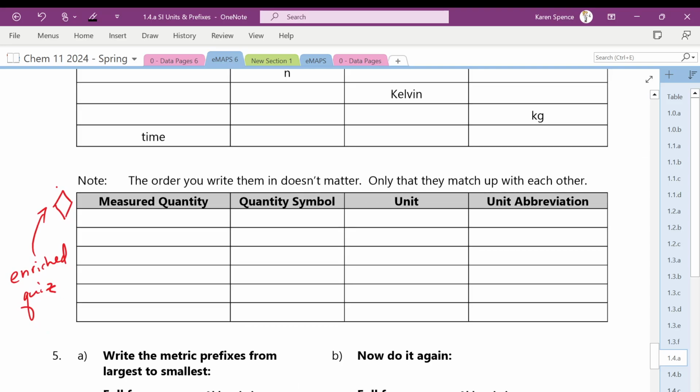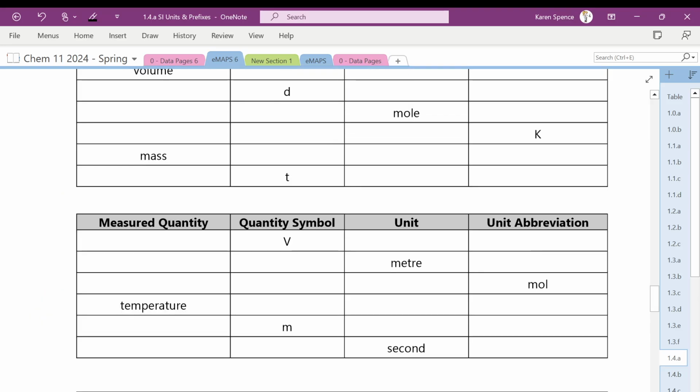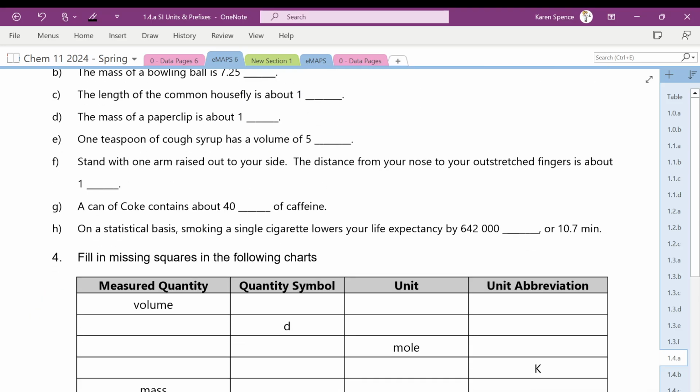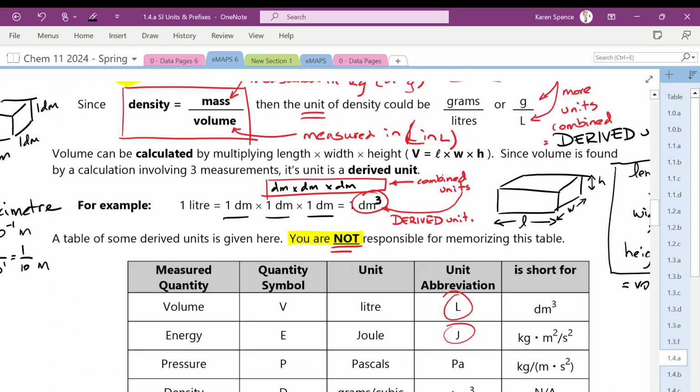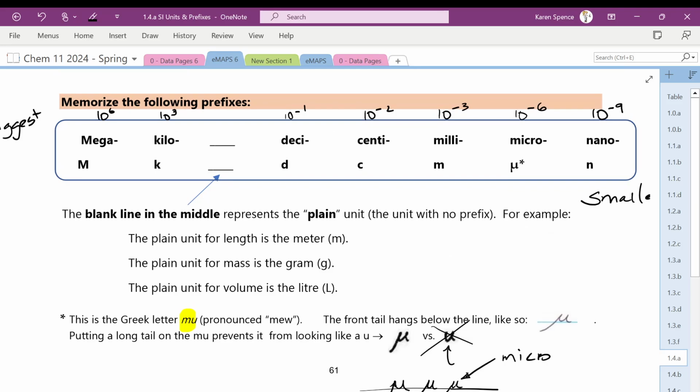And the other thing I wanted to add for you is if you want to do the enriched part for the prefixes. Where did those prefixes go? Here they are. The enriched part for the prefixes would involve knowing the powers of 10.